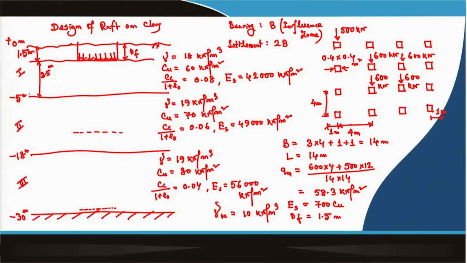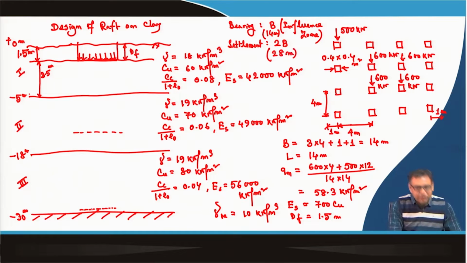So, this is the soil profile that was taken, and for the bearing capacity consideration, the influence zone was 14 meter, which is B, and for settlement calculation it will be 28 meter. Okay.